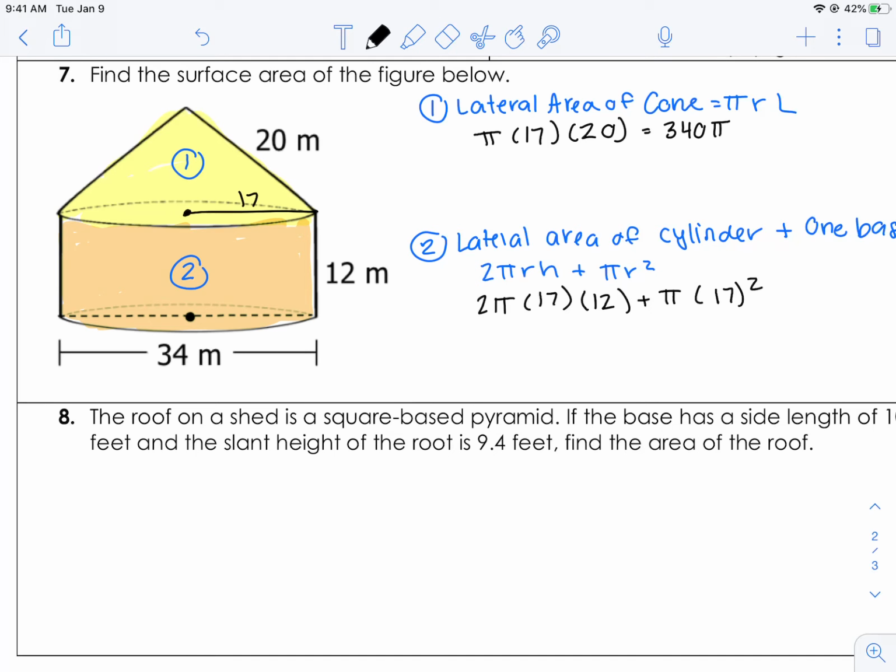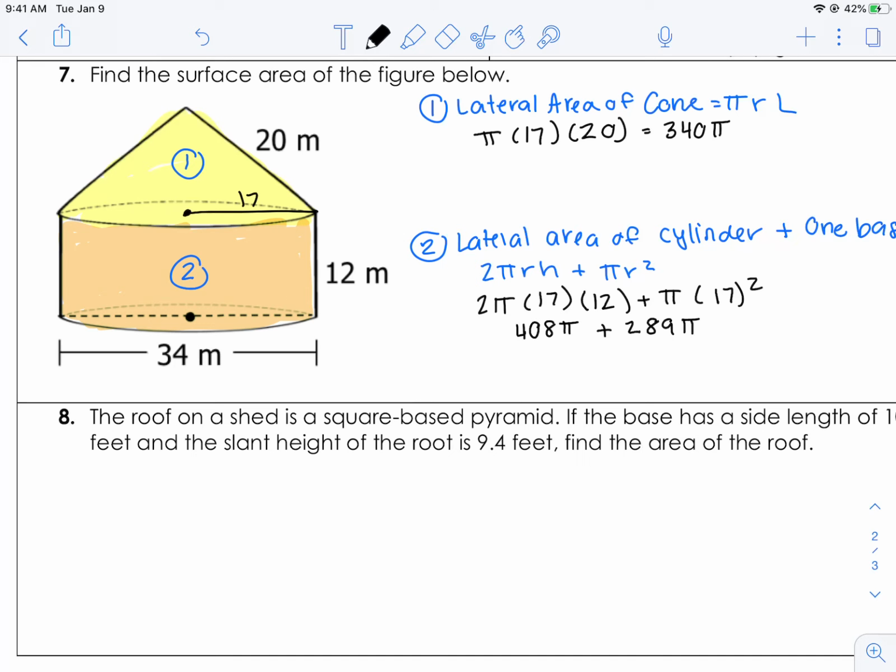Okay, well, if I do 2 pi times 17 times 12, that's 408 pi, plus I'm going to do 17 squared, so that's 289 pi.